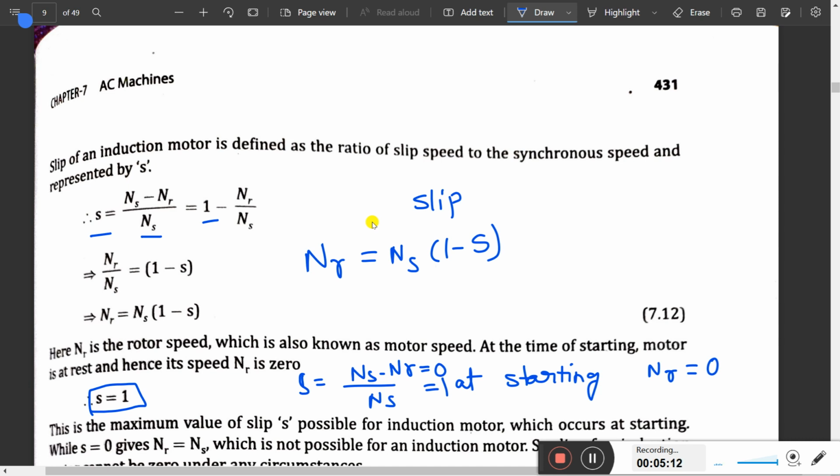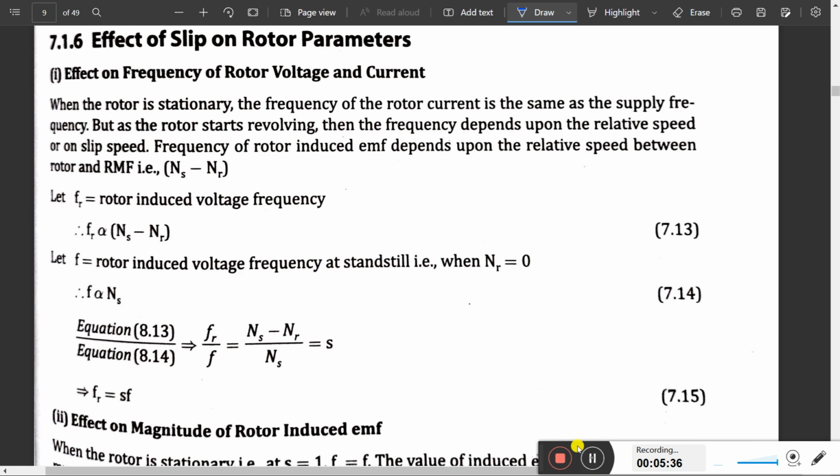Ns by Ns will get cancelled out and you will get, at starting, slip is equal to 1. Try to remember this. At the full load or at the high speed, s is equal to 0. Ns is equal to Nr, the synchronous speed is equal to relative speed. Thus, in that case, s is equal to 0.